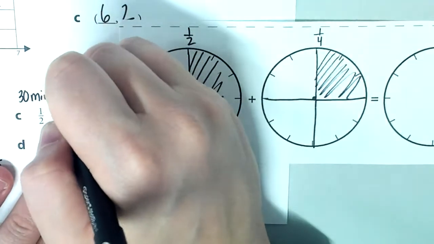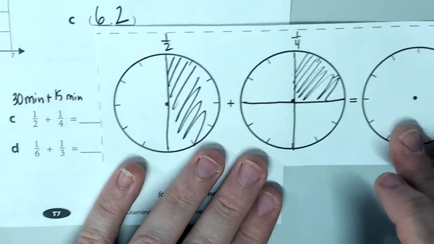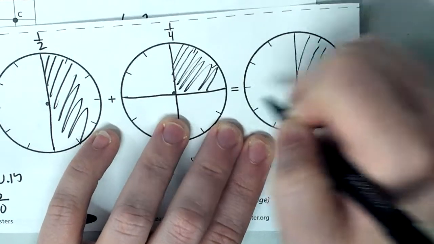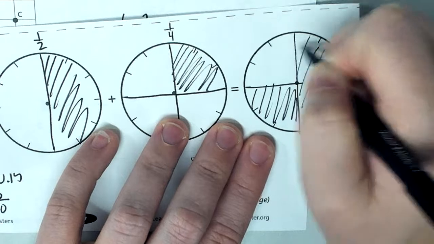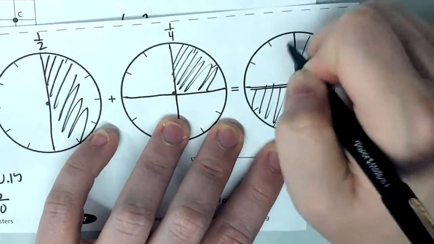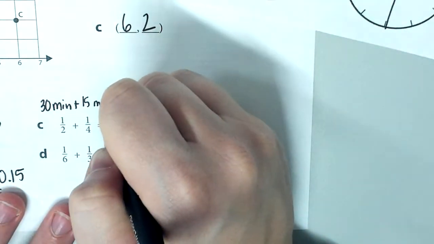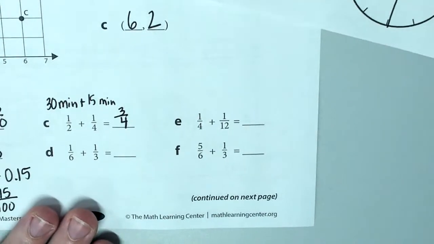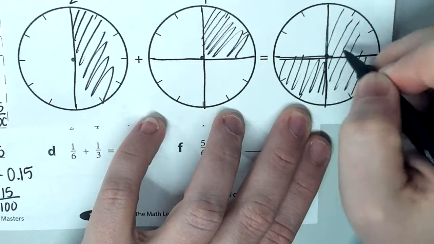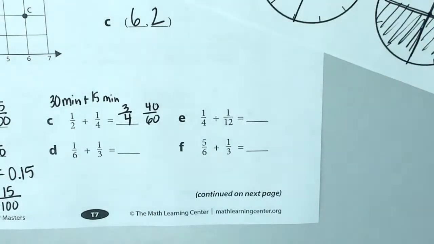Yeah, it's 15 minutes. We're going to write 15 minutes. Now, if I were to put these together, here's my half, here's my fourth. All together, what is that shaded? Well, it could be 3 out of 4 pieces shaded, so I could write 3/4. That works. I could also write that it's 45 minutes out of 60 minutes. That works too.